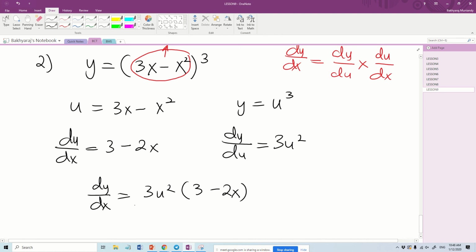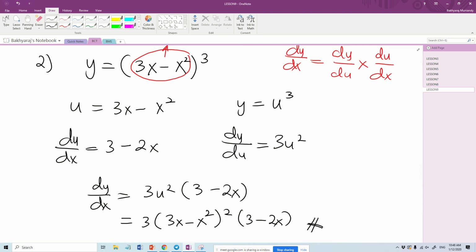So my last answer will be 3 bracket 3x minus x square power of 2 and 3 minus 2x. So this is enough. We stop here. This will be the last answer.